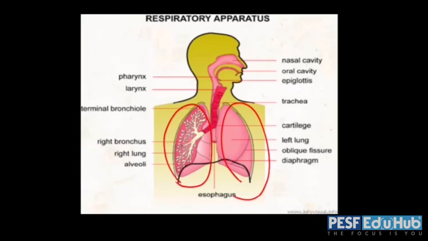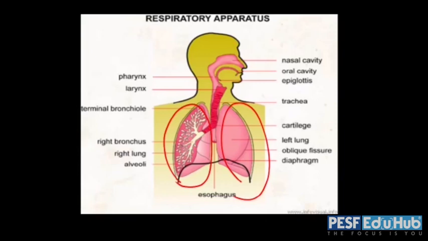Then the trachea, formed from the larynx, divides into two bronchi. Each bronchus enters the lung, divides and redivides to form a large number of bronchioles. Bronchioles end in sac-like structures called alveoli.